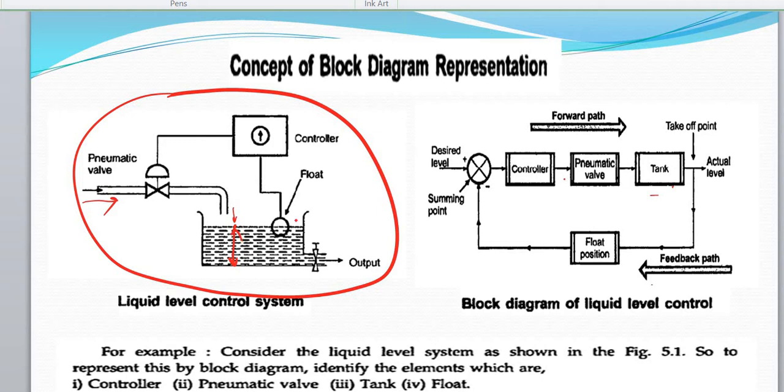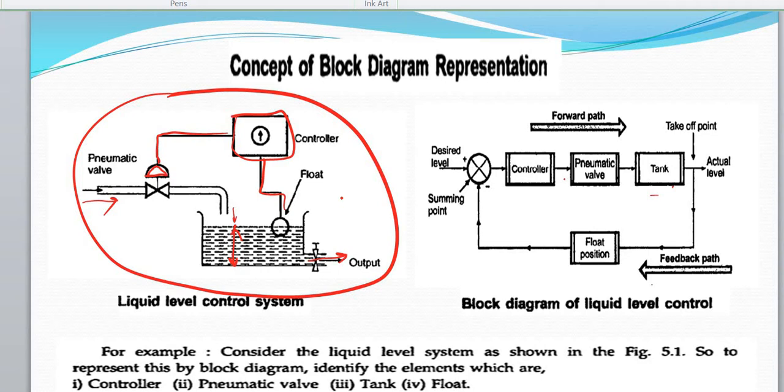This float measures the height of the liquid, whether it is up or down, and gives feedback to the controller, and the controller in turn operates the pneumatic valve either to open it or close it, and the liquid from the tank goes out in the form of the output. So this is a simple closed loop control system.